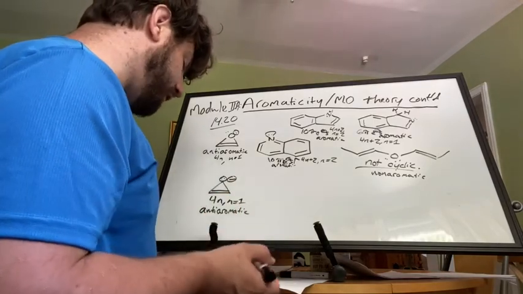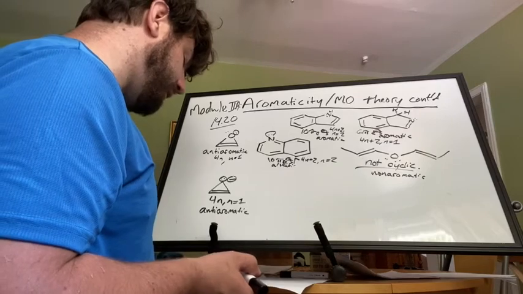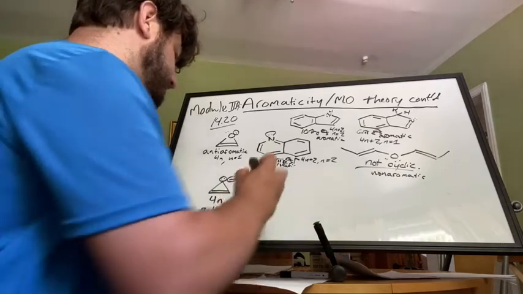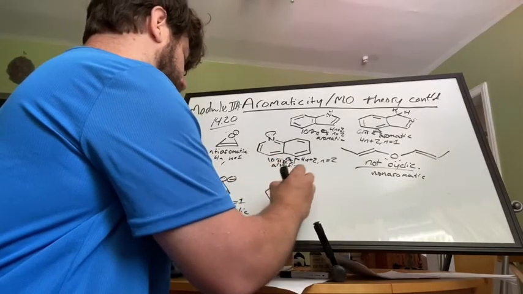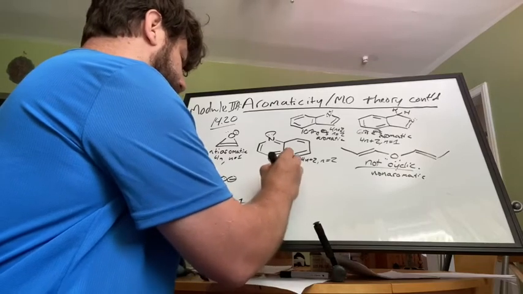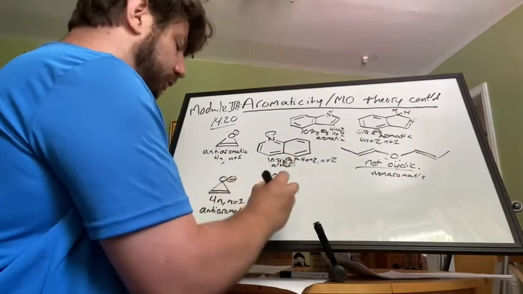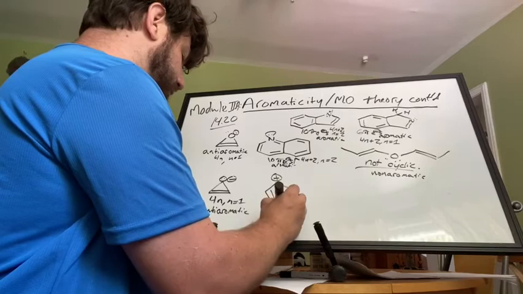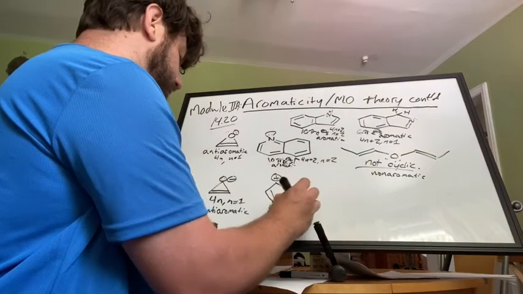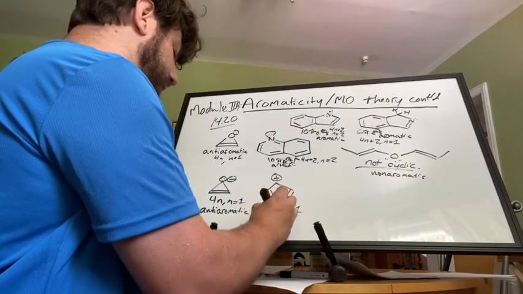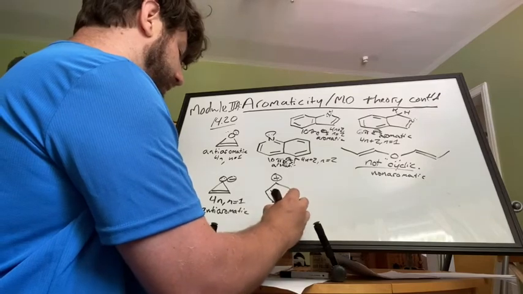All right, we've already looked at cyclopentadienyl cations and anions. So just to reiterate, you have 4n for this, n equals 1 again. So that's going to be anti-aromatic.